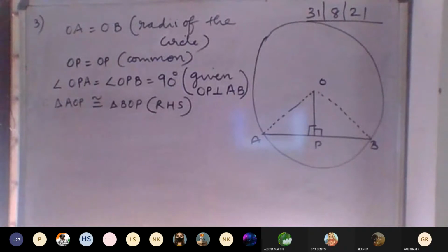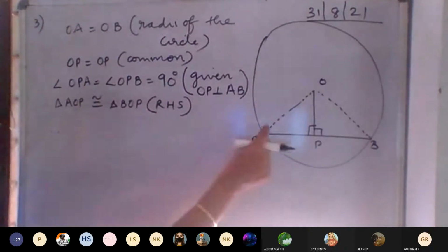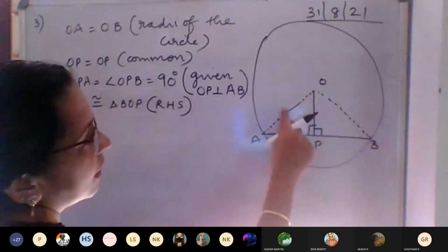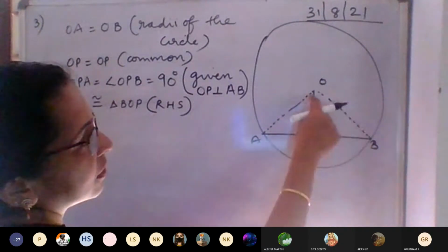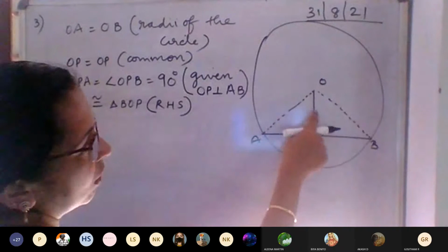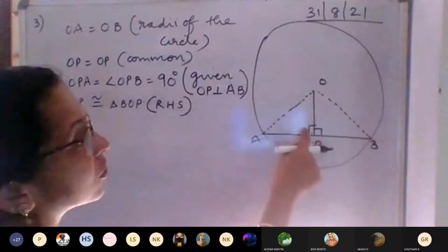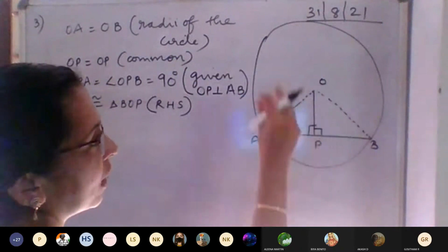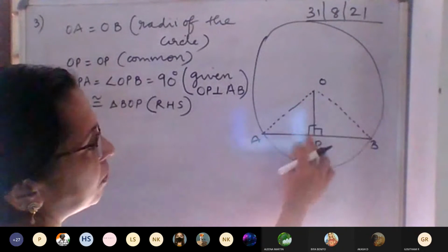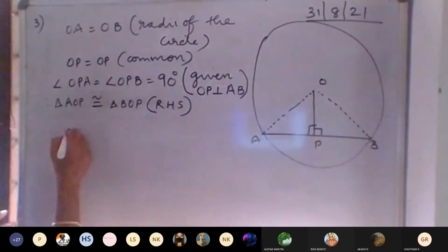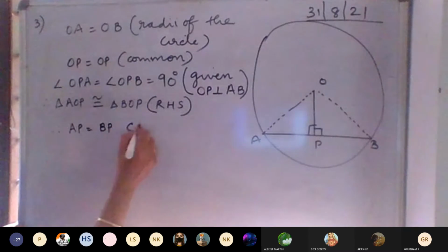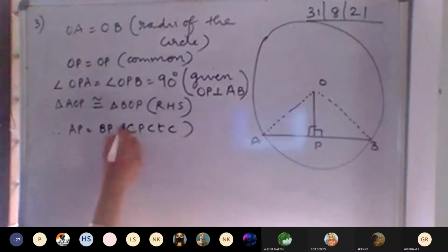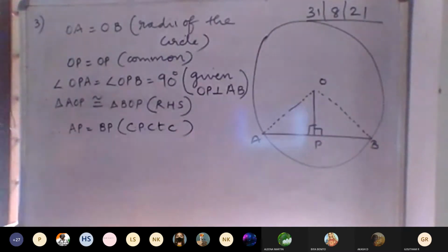So AP is equal to BP, by CPCT: corresponding parts of congruent triangles are congruent.